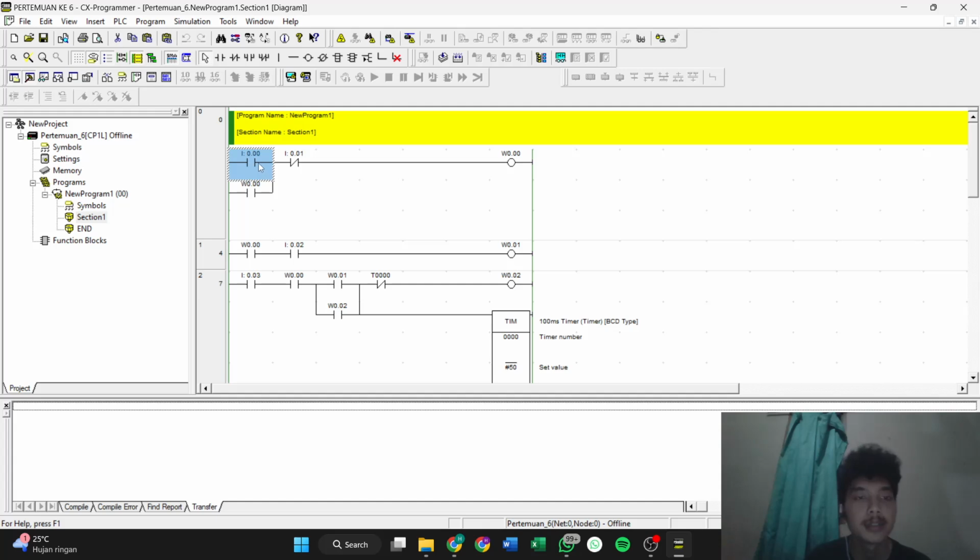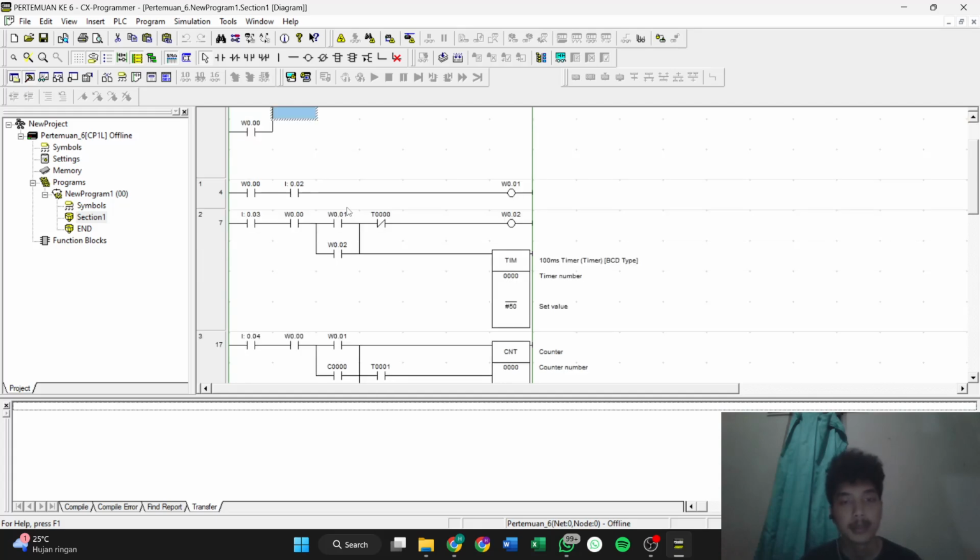At first, pin 0.00 is turned on and pin 0.01 is off for the system.